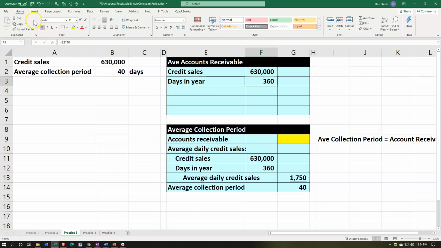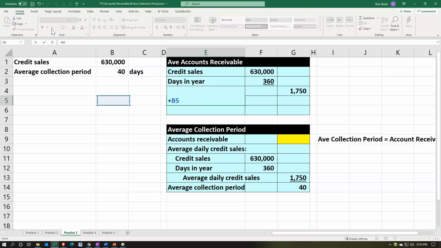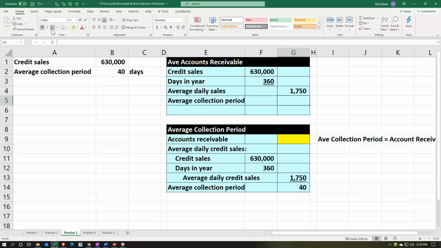Going to put an underline here, Home tab, Font group, and underline, and that's going to give us the average daily sales. I'll put this on the outside here. We'll say the 630 divided by the 360. There's our average sales, and then we're going to be picking up the average collection period, which is that 40 days.